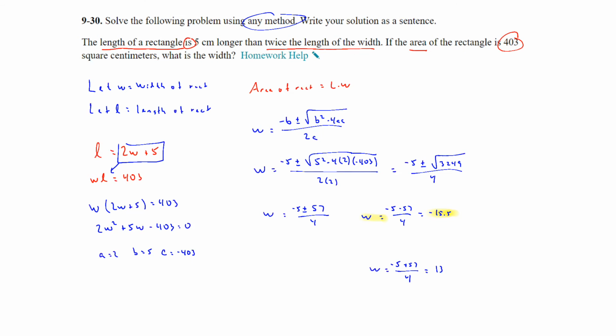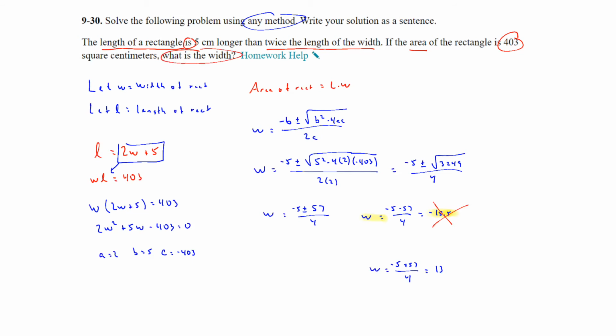Can the width of a rectangle be a negative? So even though it solves the quadratic, it doesn't make sense in terms of our solution. So we're not going to use the negative 15.5, not because it doesn't solve the quadratic, it does, but because it doesn't make sense in context of the problem. So it looks like the width will be 13 centimeters.